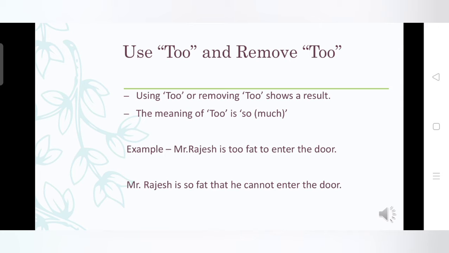But you will find that we don't know its rules and regulations. How can we remove the to? So we shall try to learn some of the rules, some of the regulations, or some of the general considerations by which we can use to as well as we can remove to.